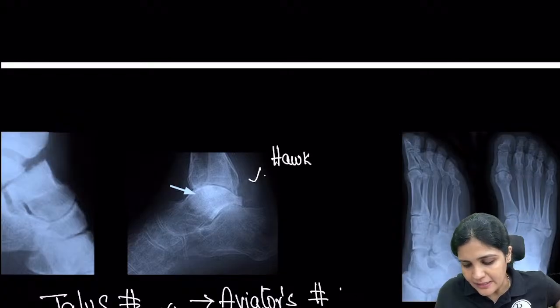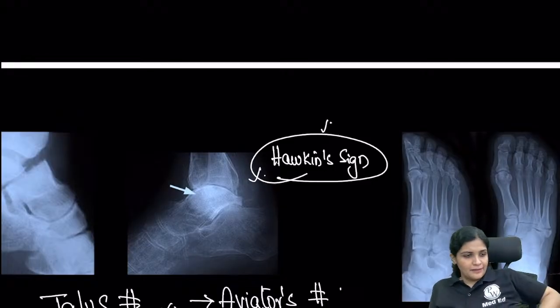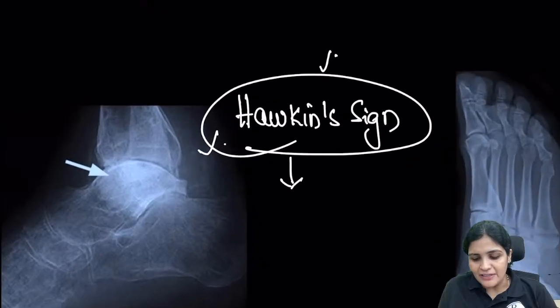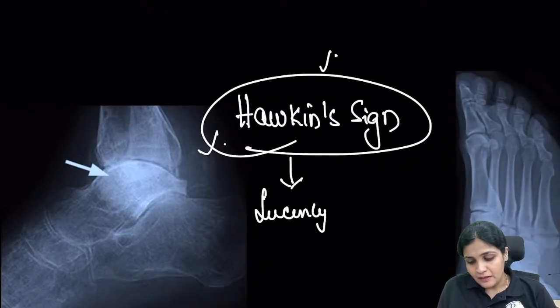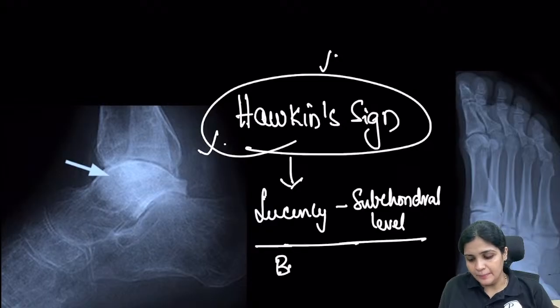What is this sign? This is called the Hawkins sign, right? What is the Hawkins sign? Whenever there is lucency at the subchondral level, that means the bone is viable.